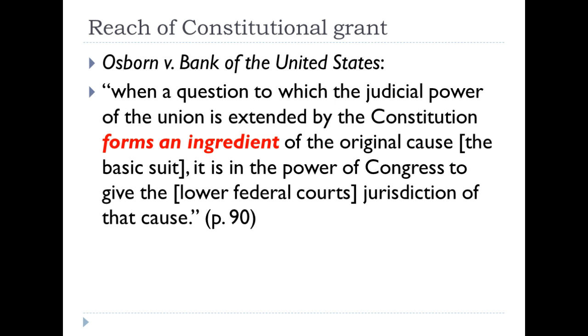So if there is some question of federal law, whether it be under the federal Constitution, a federal statute, a federal regulation, a federal treaty, when some question under federal law just forms an ingredient of the case, then constitutional authority extends to that case to give the lower federal courts jurisdiction of that case. So it is a very, very broad grant of federal question jurisdiction by the Constitution.